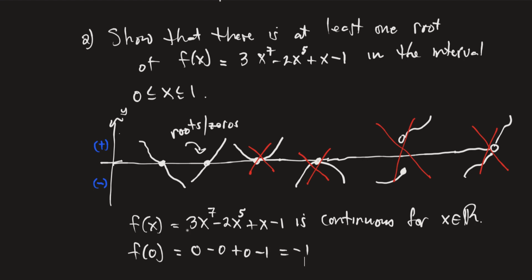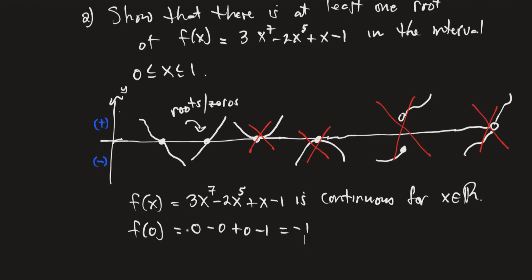And then what about at 1? What if I do f of 1? So f of 1 is equal to 3 minus 2 plus 1 minus 1. So that's equal to a positive 1. So look at what we have. We have a continuous function. At the left endpoint of this interval, it has a negative function value, a negative y value.